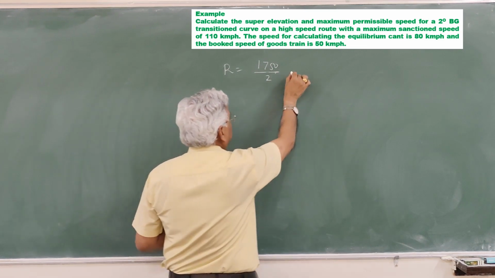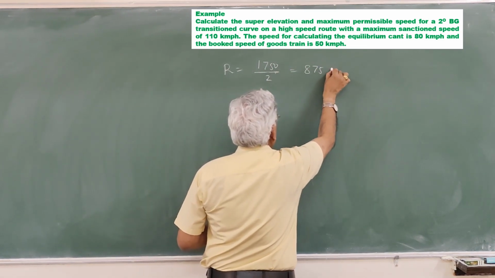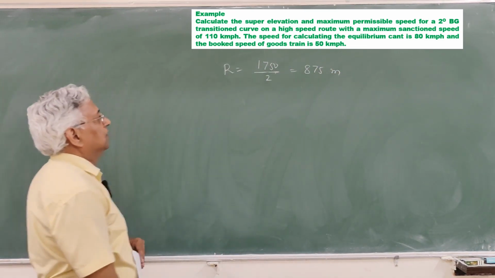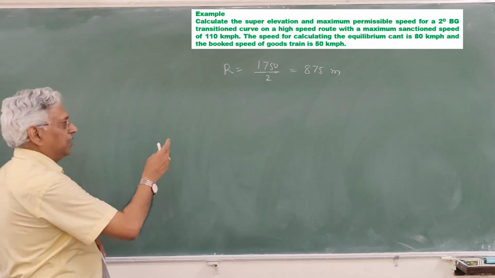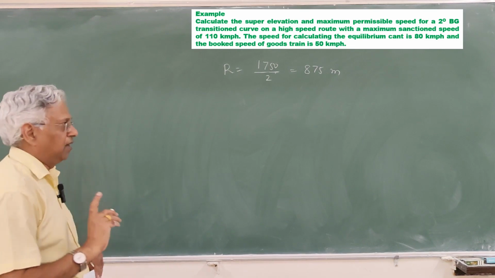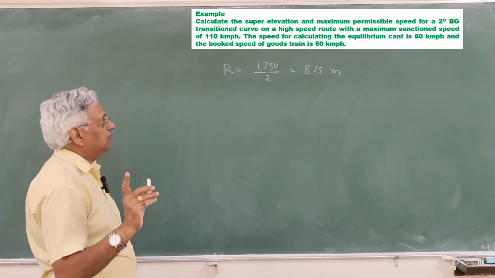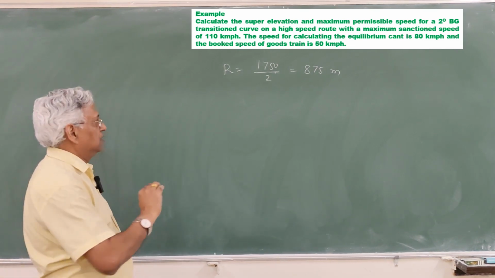will have a radius of 875 meter. Calculate what is the requirement of Cant for a speed of 80 km per hour. That is the speed suggested by chief engineer.